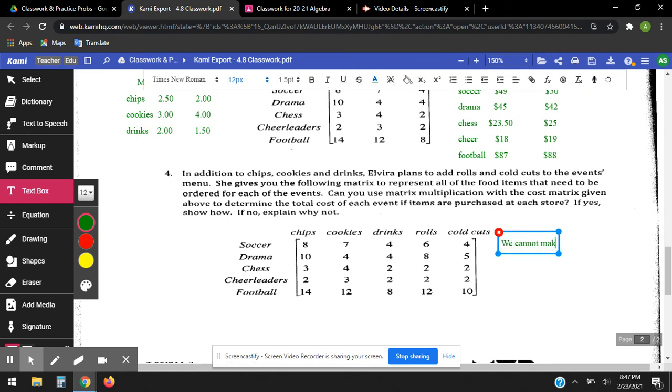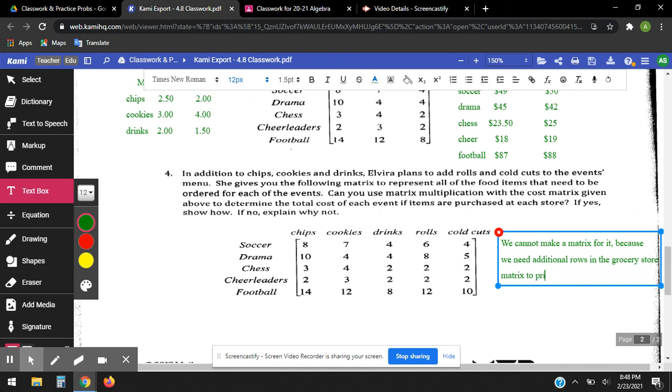I cannot make a matrix for it because we need additional rows in the grocery store matrix to provide the cost of rolls and cold cuts at each market.